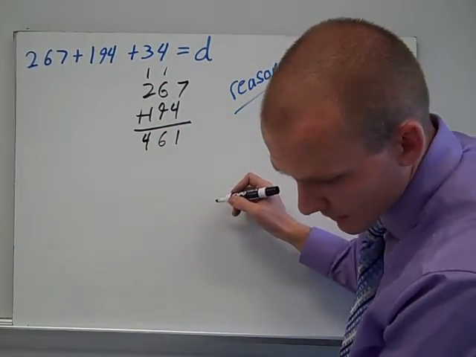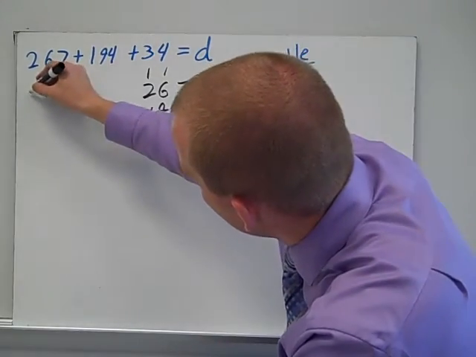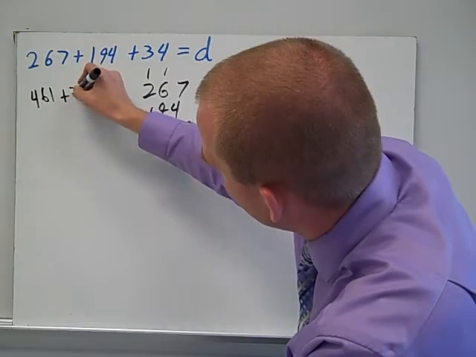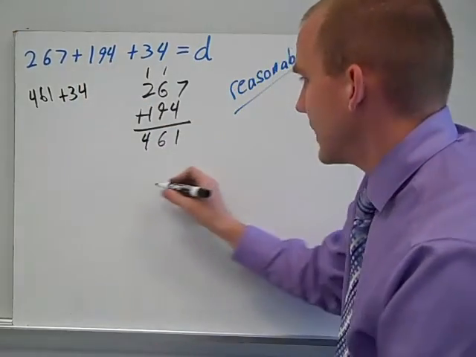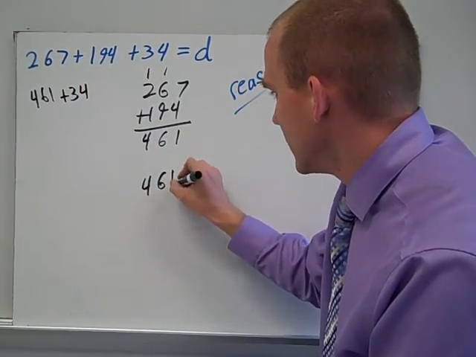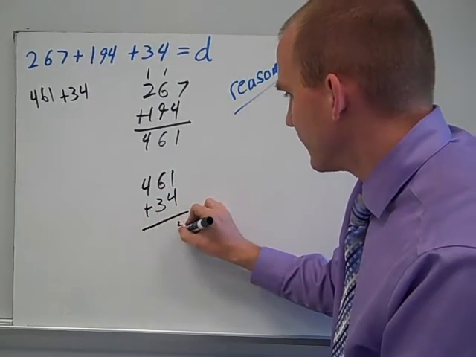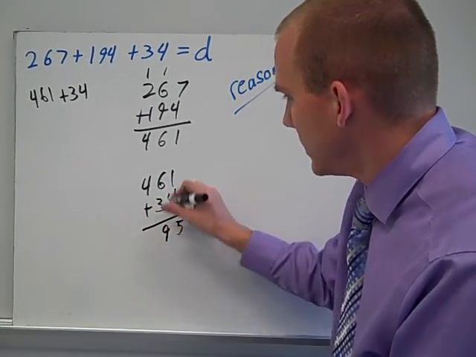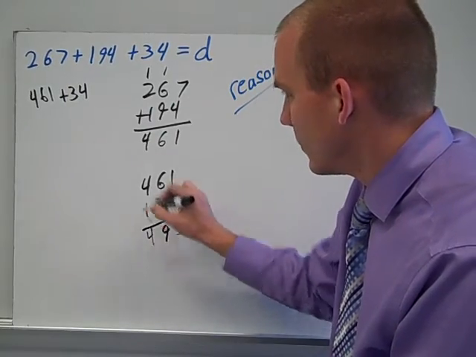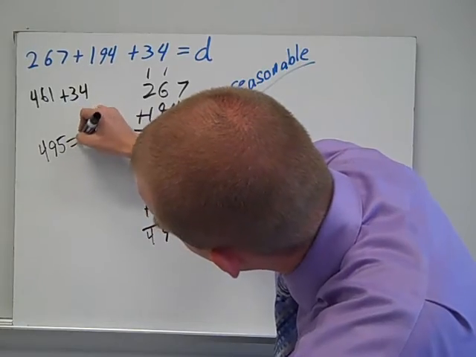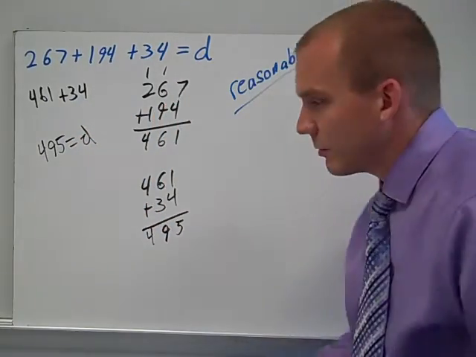So I have 461 plus 34. So that's my second step. 461 plus 34. 1 plus 4 is 5, 6 plus 3 is 9, nothing to regroup, 4 plus nothing is 4. So 495 equals D. This is a pretty straightforward problem.